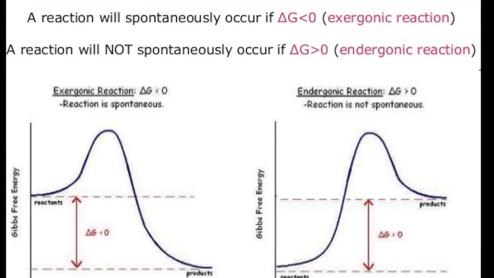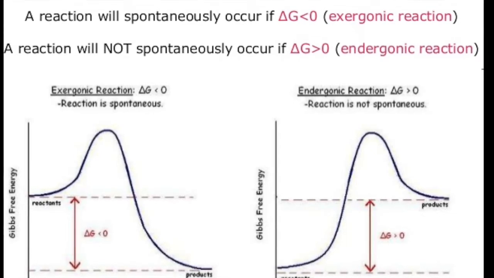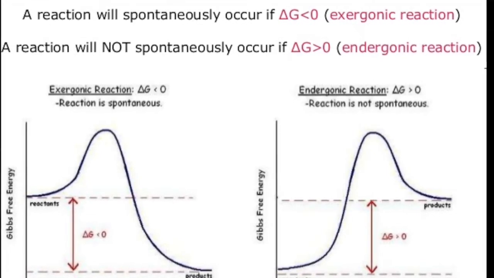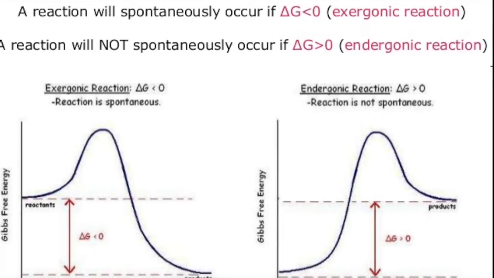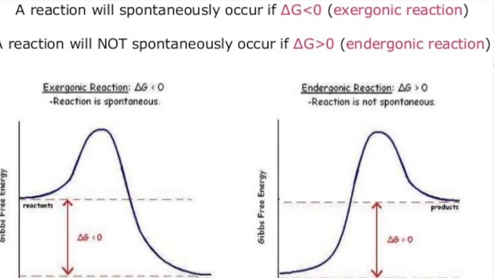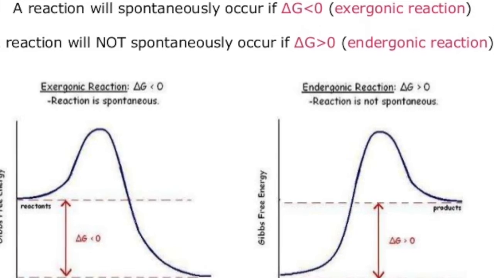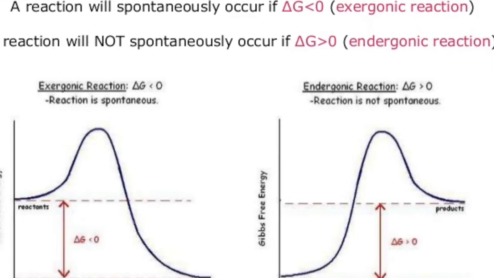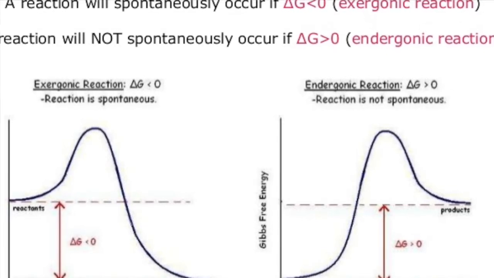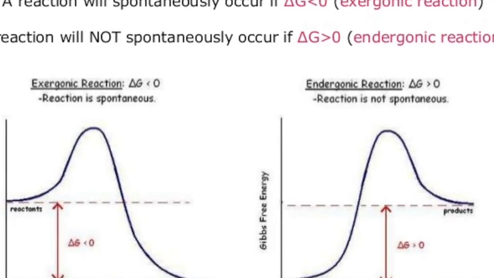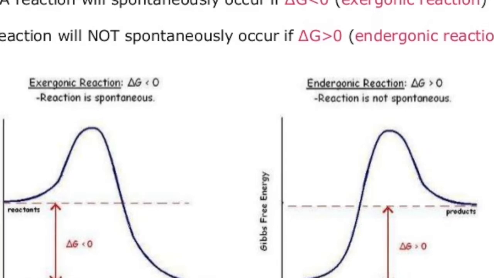So the exergonic reaction is spontaneous. Spontaneous, by definition, means occurring without any external prompting. So that reaction is happening on its own without the need for energy to be put into that system, which makes sense. On the other hand, we have endergonic reactions.